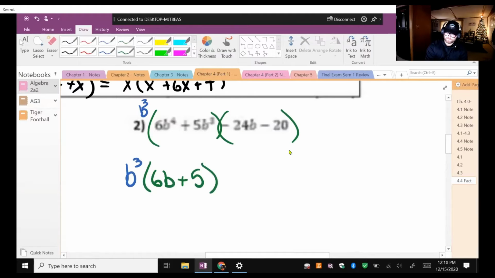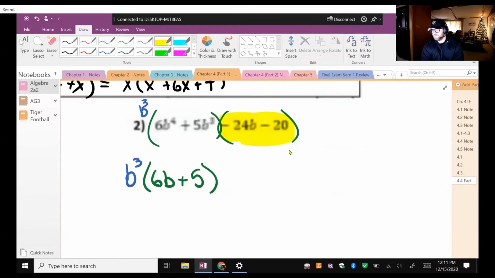Now, here's the deal. We want to get the same binomial in both of our terms. So what can I factor out of the final 2 terms? Okay, what can I factor out that'll get me 6b plus 5? Okay, think about it. How do you get to 6 from 24?